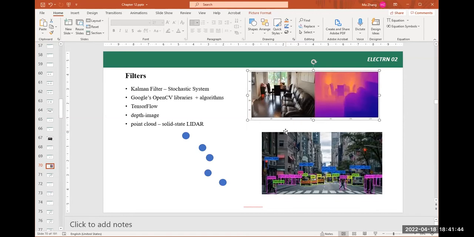Based on the color and the algorithms, and also the hardware, which is made using capacitors, it can depict how deep, how far away those objects are from the camera. That is called a depth image.